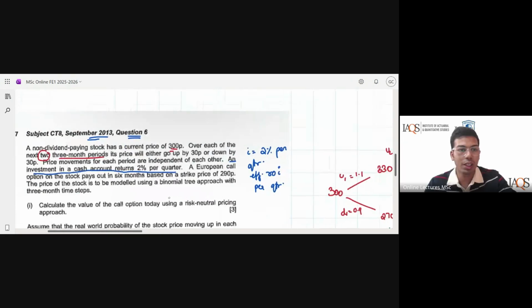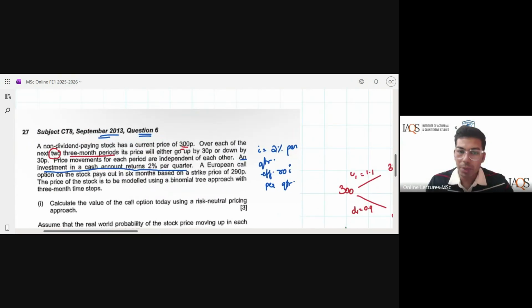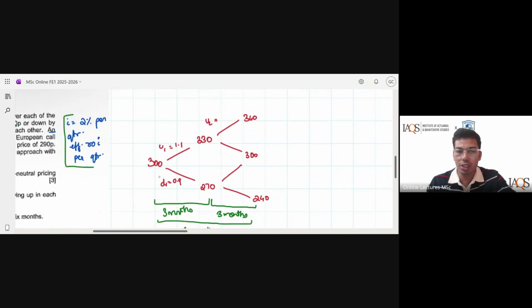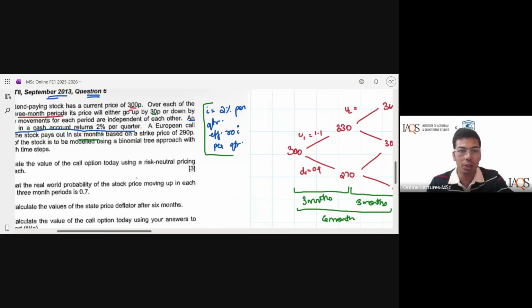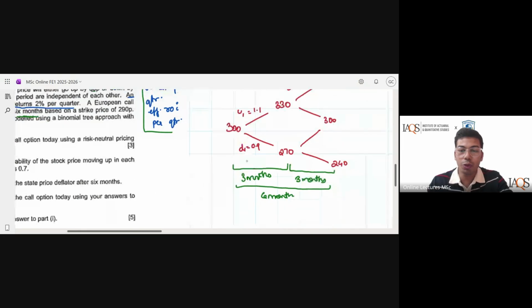Yes, sir. All right. Now let's see. Its price will either go up by 30 pence or down by 30 pence, which is what we do. Price movements for each period are independent. That's fine. And this, I told you, basically tells that i is equal to 2% per quarter, the effective rate of interest per quarter. Now they're saying a European call option on the stock pays out in 6 months, which is fine for me because I have the entire 6-month binomial model with me, based on a strike of 290 pence.